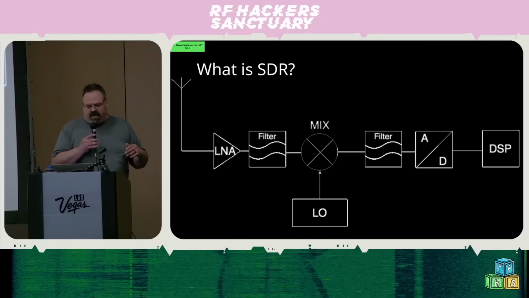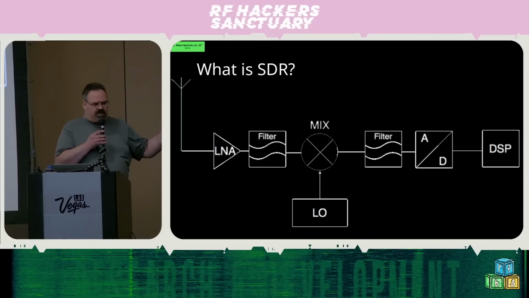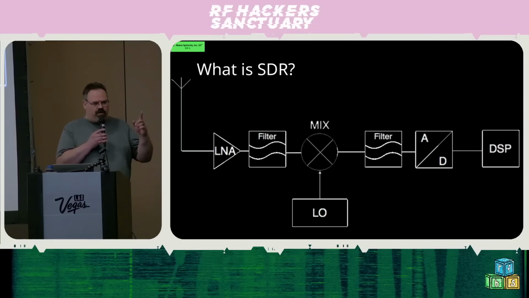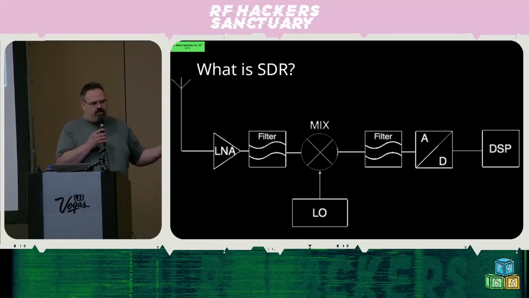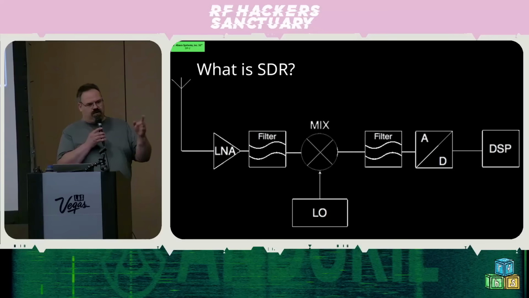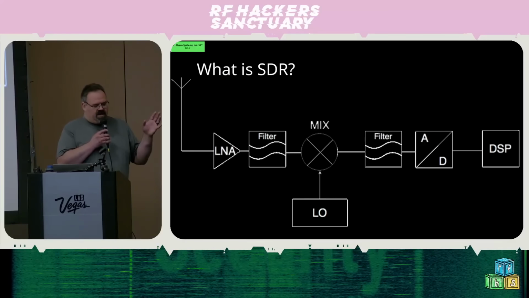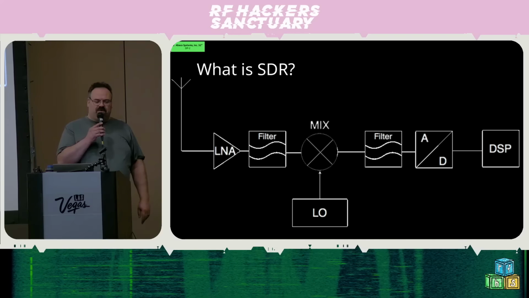So if you have let's say a 200 megahertz signal that's coming in, and you have the 100 megahertz local oscillator, you mix those together, you end up with the output of the 200 megahertz input signal, the 100 megahertz local oscillator, and then you end up with 100. Okay, that's a bad example because the math doesn't work out. Shit.